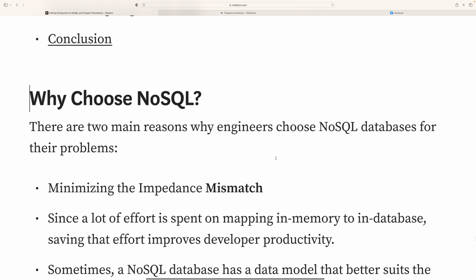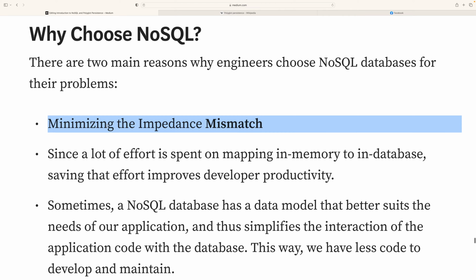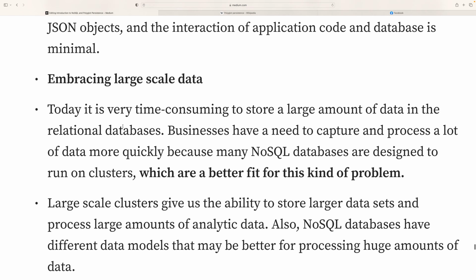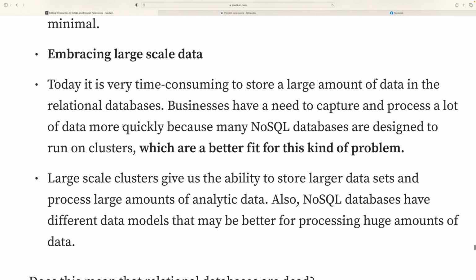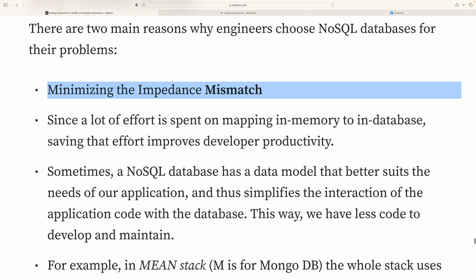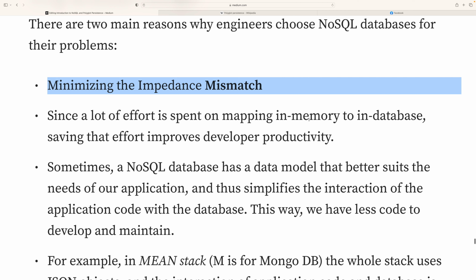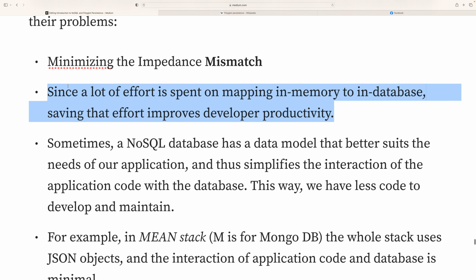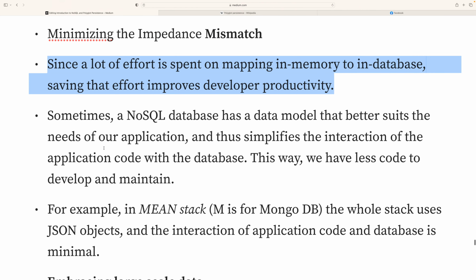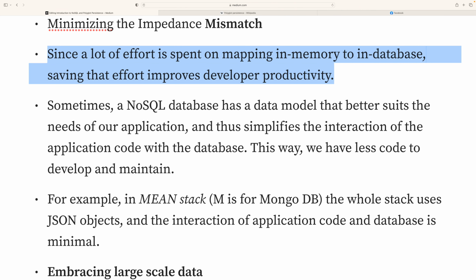So there are two main reasons engineers choose NoSQL. First, minimizing the impedance mismatch: since a lot of effort is spent on mapping between in-memory data and the database, saving that effort improves productivity. Sometimes a NoSQL database has a data model that is better suited for the needs of the application.